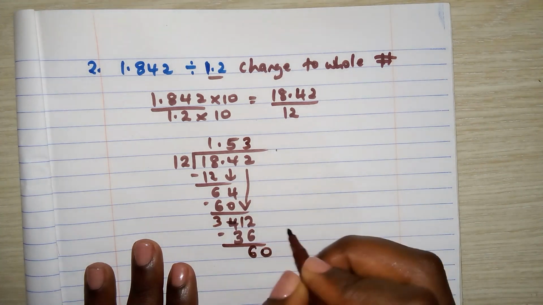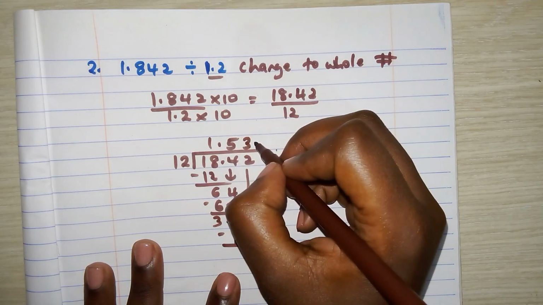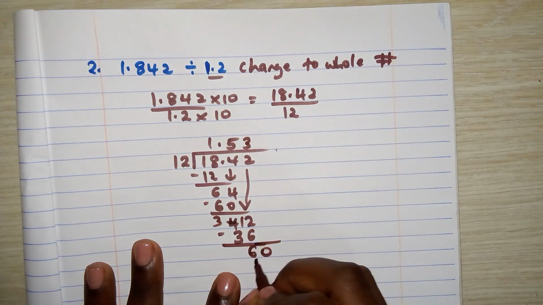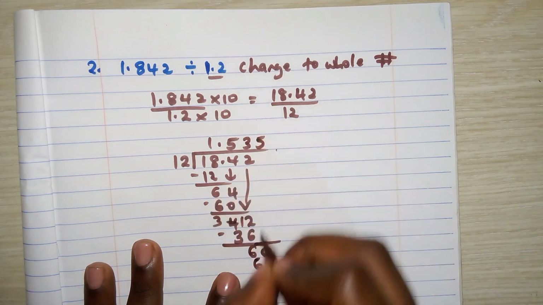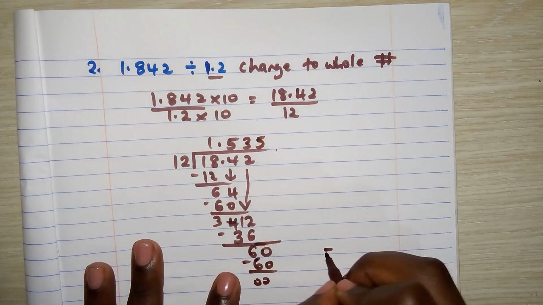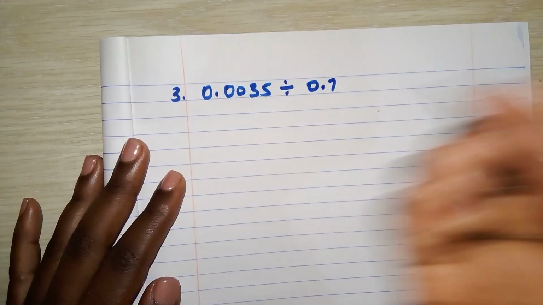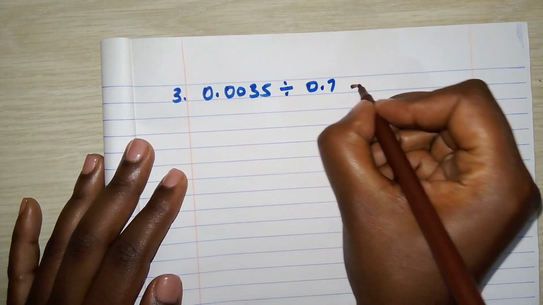You just add a 0. You don't need to put another point because you already have the decimal point here. So it goes into 60 5 times. So the answer would be 1.535.